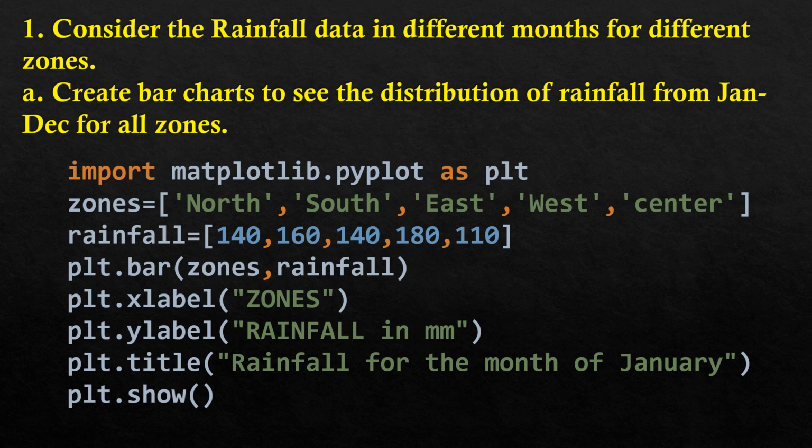Zones will come on the x-axis and rainfall will be shown on the y-axis. We have given labels: for the x-axis, zones, and for the y-axis, rainfall in mm. The title of the graph is rainfall for the month of January. Now by using the plt.show method, we can visualize the chart.